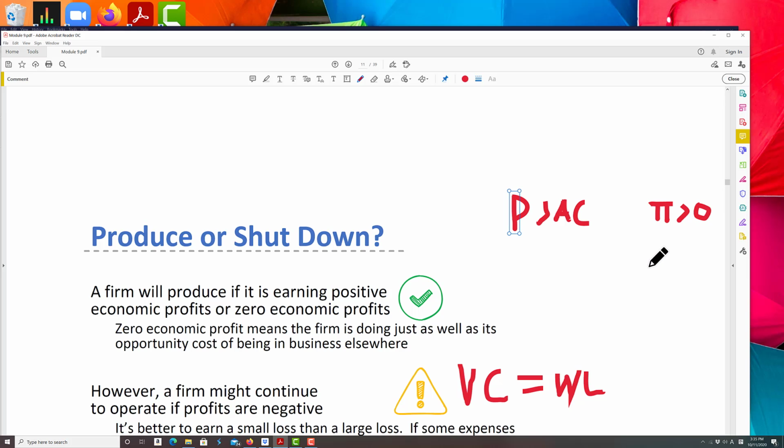The problem occurs when profit is negative. This is because price is less than average cost.